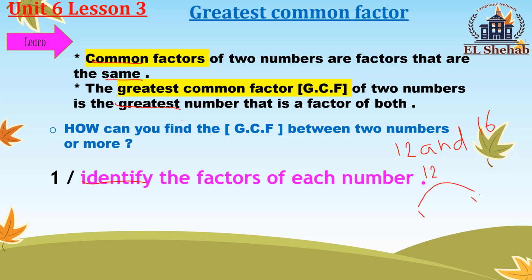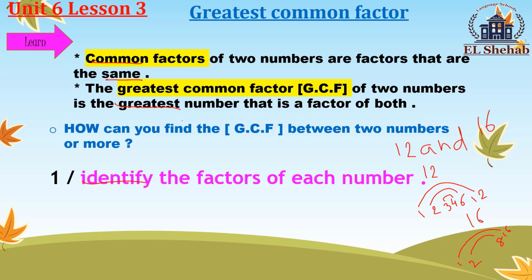1 times 12. 2 times 6. 3 times 4. These are the factors of 12. What are the factors of 16? 1 times 16. 2 times 8.